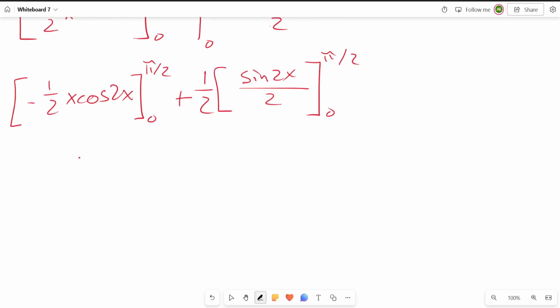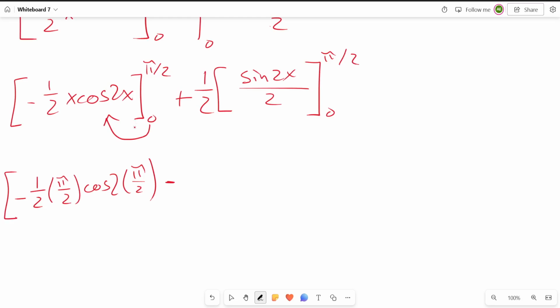So let's do the substitution now. So this is going to equal minus half times x, instead of x it is pi over 2, cosine 2 times pi over 2, and then subtracting when I substitute with 0. However, I can see that substituting 0, I have an x over here. So when this is 0, the whole thing is 0. So I'll just say minus 0.